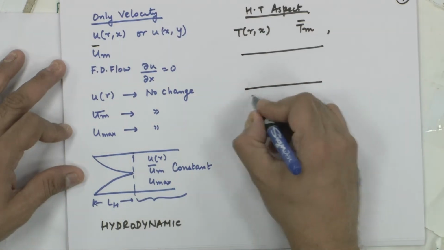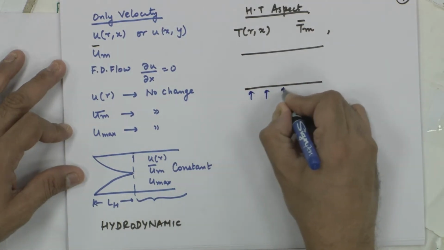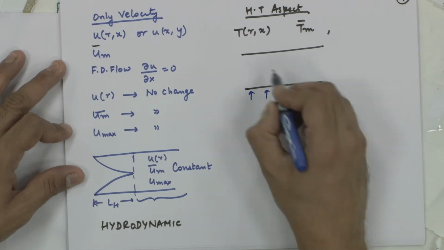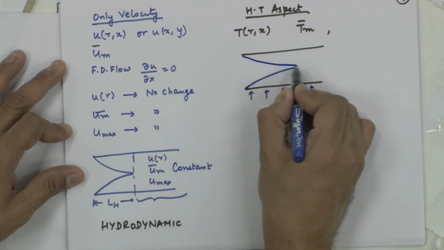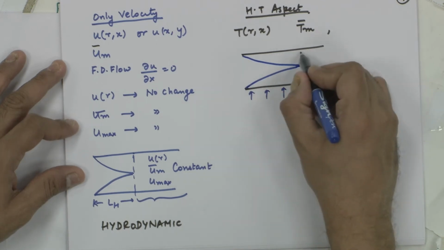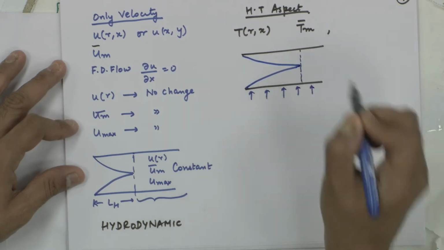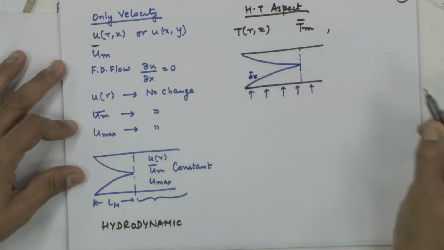Because heat is being added at every infinitesimal cross section, after the merger of the thermal boundary layer, this is delta T, let us say.